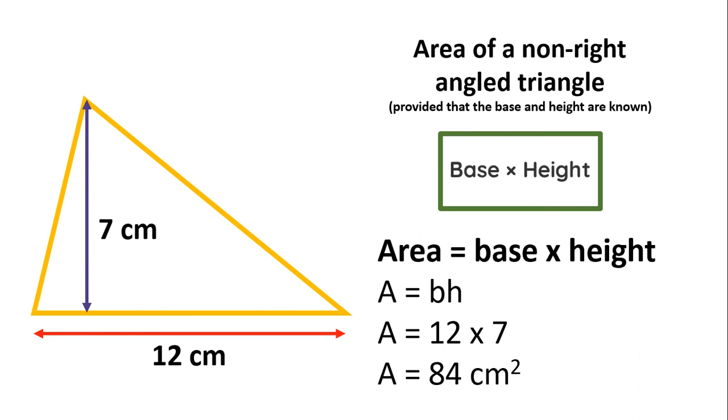So if you have any sort of triangle, you can just use this formula, base times height. It's important that you have the base and the height, then you can easily find out. And if you're just dealing with a right angle triangle, that means a 90-degree triangle, then you can simply use half times base times height.